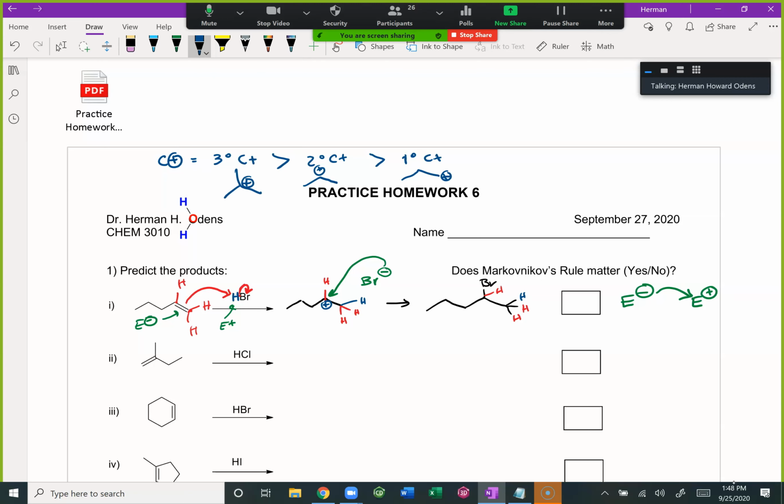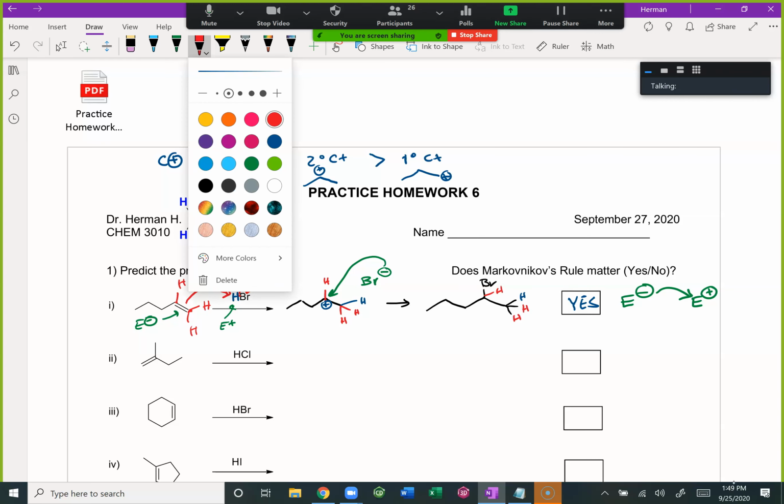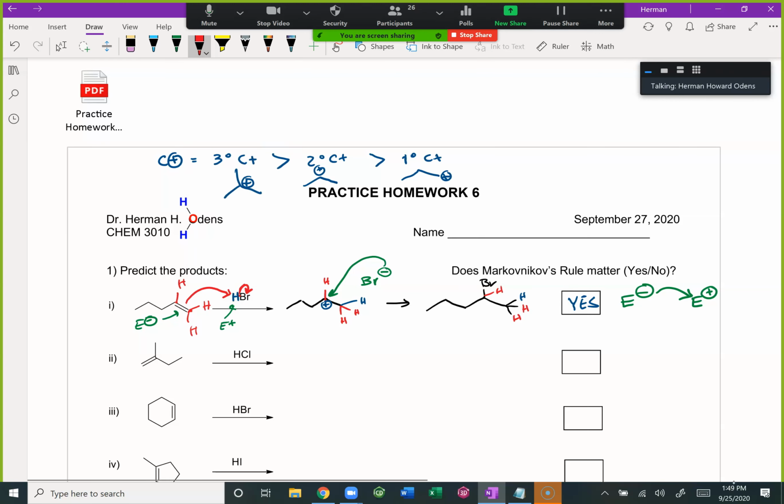So does the Markovnikov rule matter here? The answer is yes. It matters, because we have differentials in the amounts of hydrogens. How about the next example? Let's see if we can do 2 examples real quick.